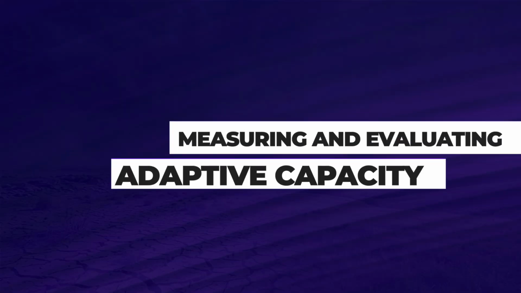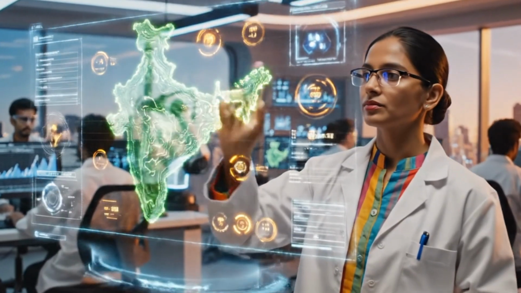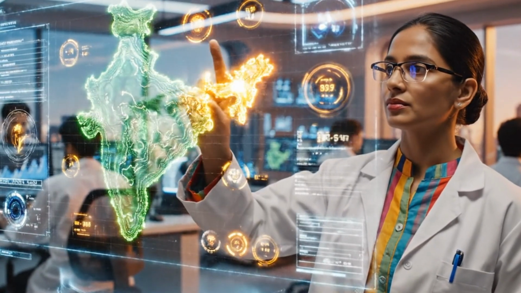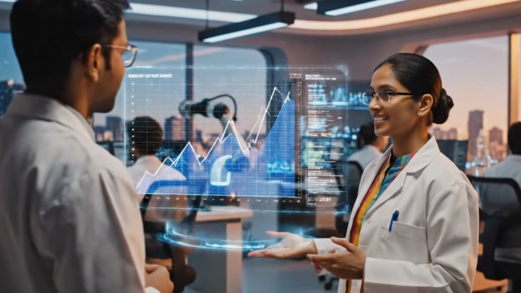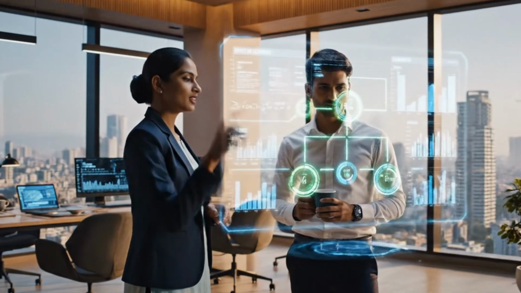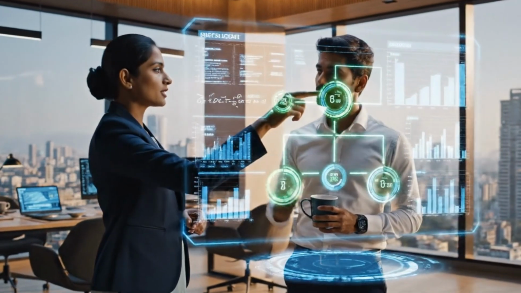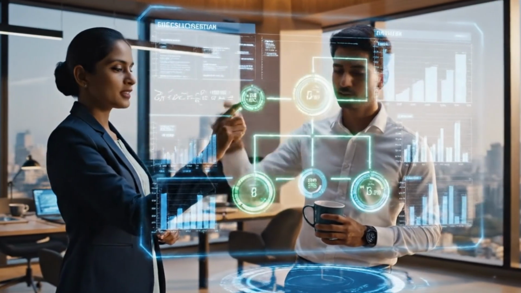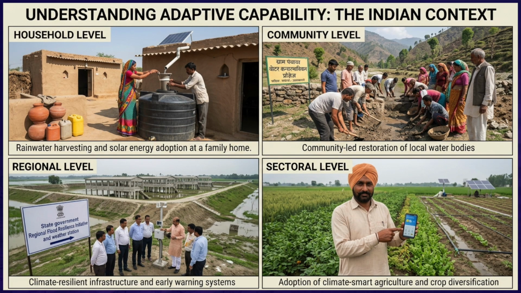Now let me explain to you measuring and evaluating adaptive capacity. It is difficult to assess how adaptable someone is because adaptive capacity is a complex attribute and cannot be observed directly. It also varies greatly across different kinds of contexts. Still, a number of analytical frameworks have been created that employ indicators to get a rough idea of adaptive capability at the household, community, regional and sectoral level.